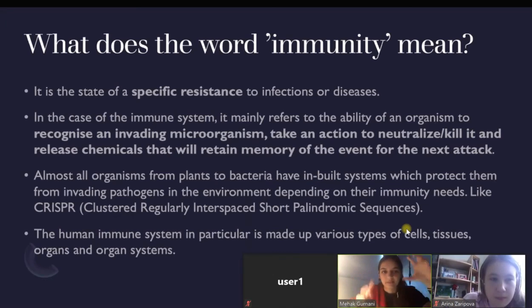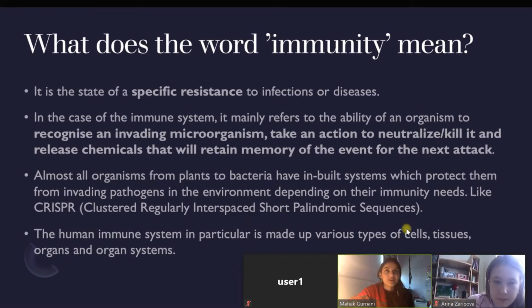So you have a system in place, and the three most important parts of the system are recognizing an invading microorganism, taking action to kill or neutralize it, and finally, retaining memory of the event for the next attack. In case you come in contact with the pathogen once again, your body should have a specific plan so that it can fight against it efficiently.